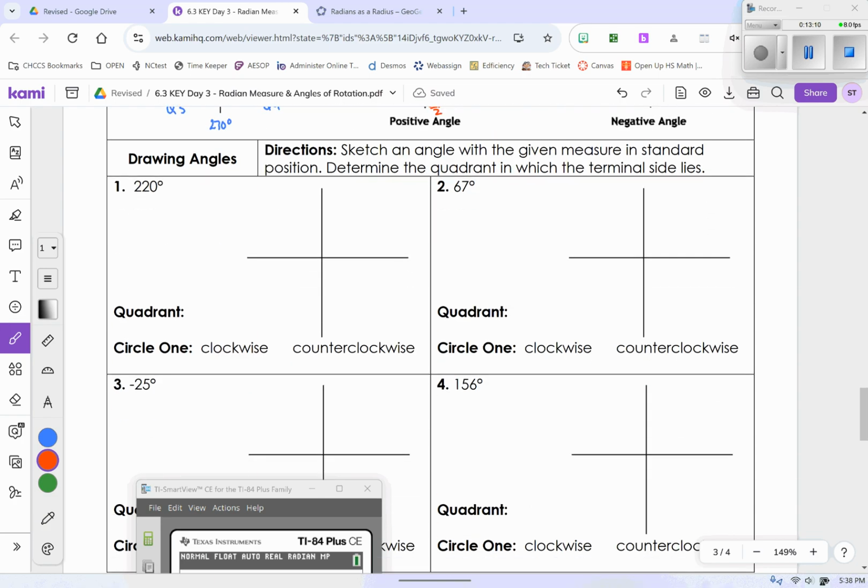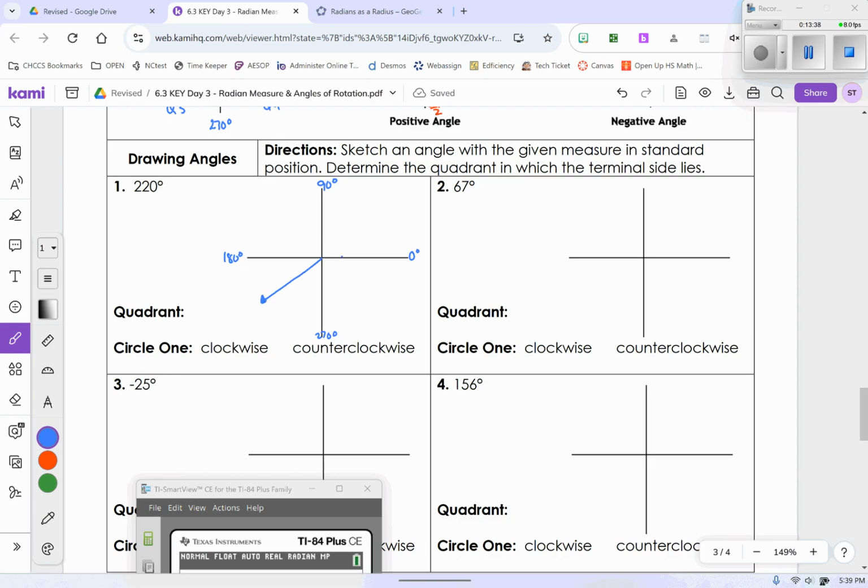So let's look here. Drawing angles. Sketch an angle with the given measures in standard position. Determine the quadrant in which the terminal side lies. We have 220 degrees. We know it's going to be past 180. So 0 degrees, 90 degrees, 180 degrees, 270 degrees. 220 degrees would be somewhere about in here.